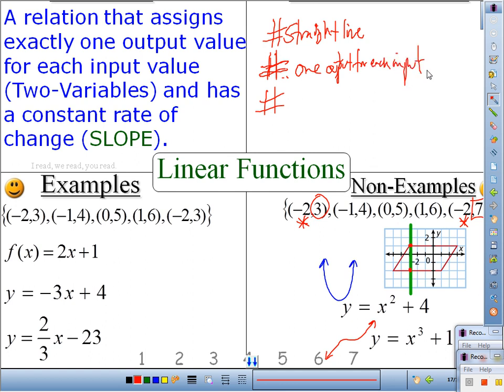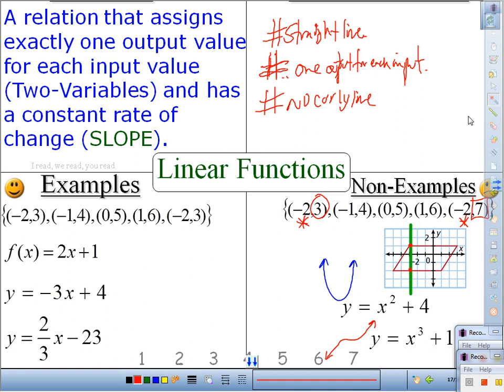Okay? Pass to someone. Julie. Hashtag no curly lines. I mean lines. Hashtag no curves, right? That's correct. No curves, right?